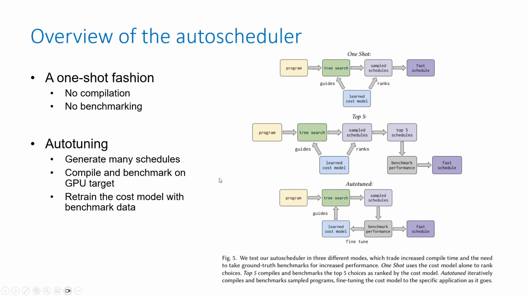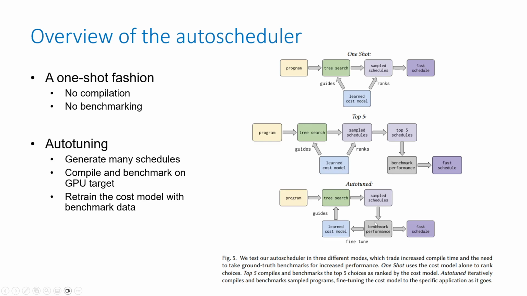But well, this is the fastest one because there's no compilation of the schedules. You're going through a cost model. There's no benchmarking. But if you want to have more precision, you can go to the auto-tune path, which is basically you're going to use the cost model in your beam search, and then you have the samples, but then you benchmark the performance and keep training the cost model.